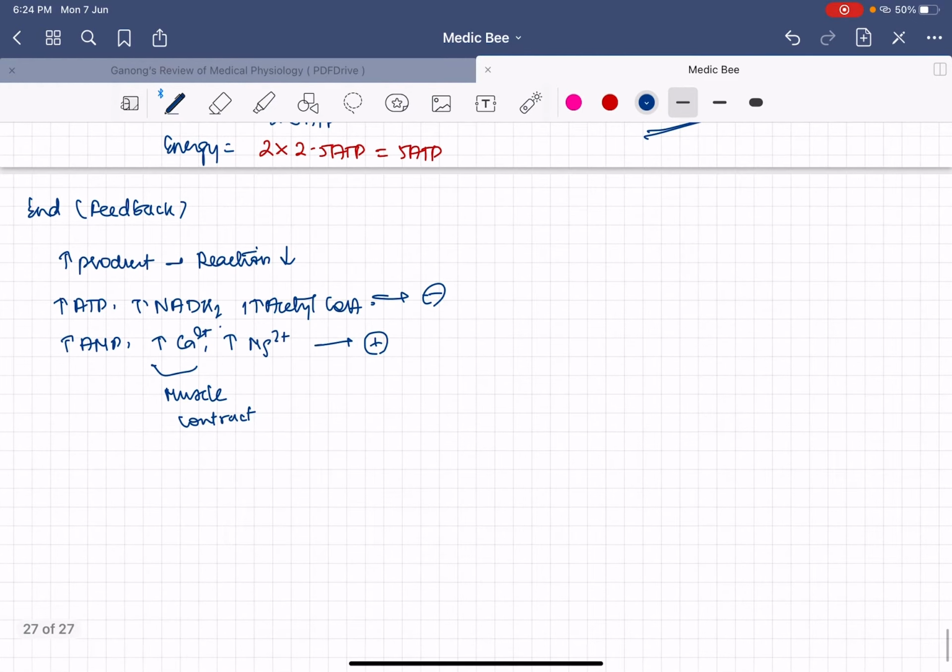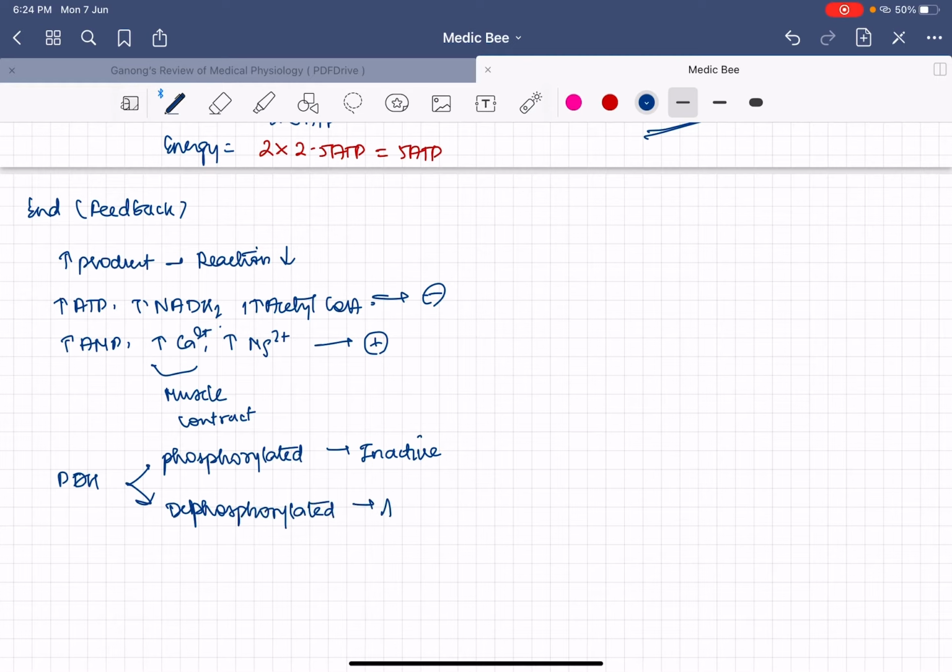promoter. Also, pyruvate dehydrogenase in its phosphorylated form is inactive. So whatever enzyme causes the phosphorylation will inactivate it, but when it is dephosphorylated, it is activated. When it is dephosphorylated, it is active.